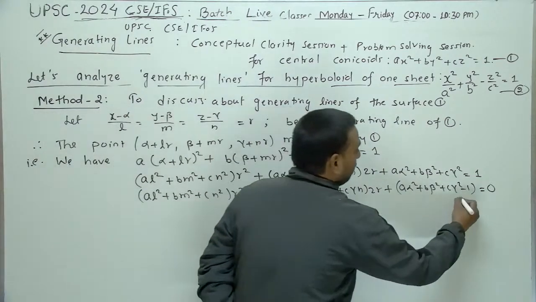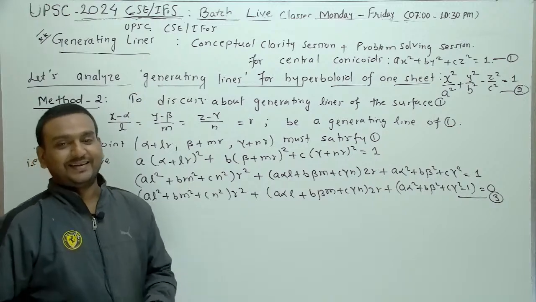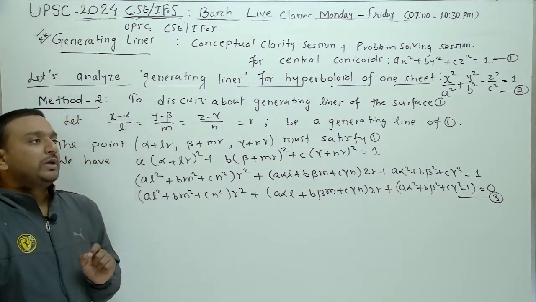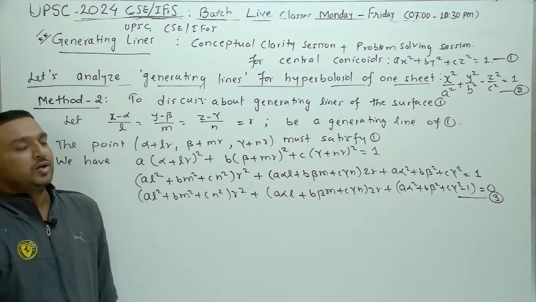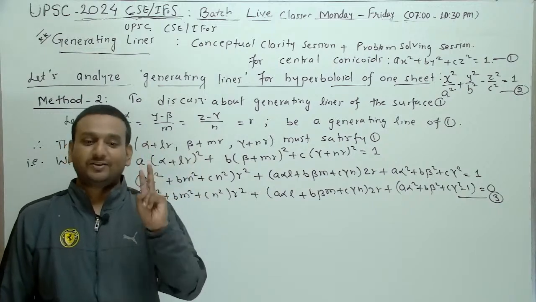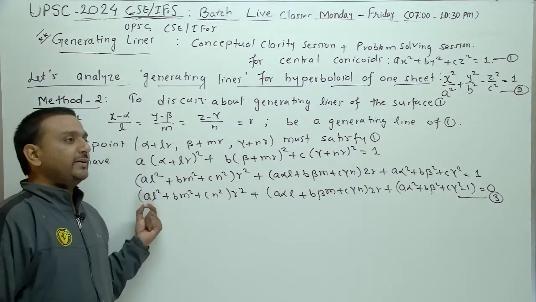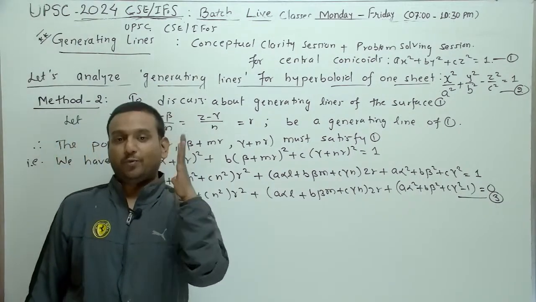Let's say this is the equation 3. अब देखिए दीपक, if we want the tangent plane at the point alpha beta gamma, so we need both values of r as 0. If we want the plane of contact, then we need two values of r as equal.